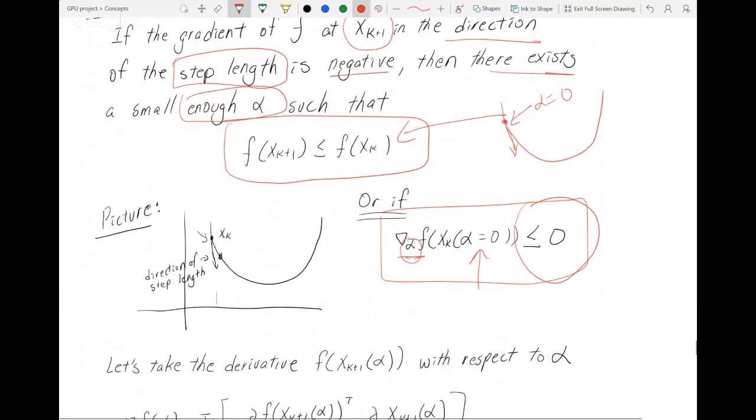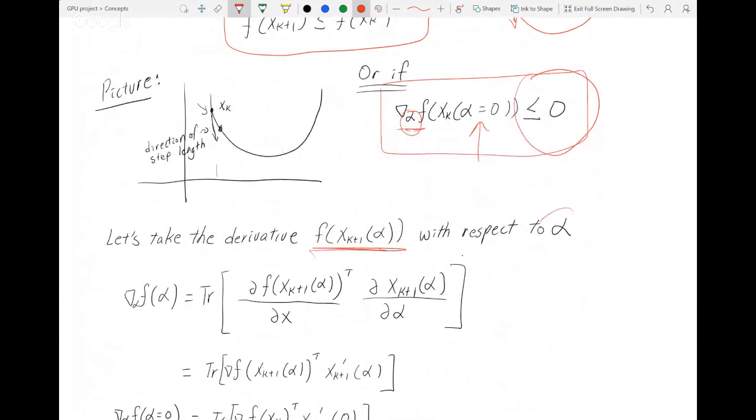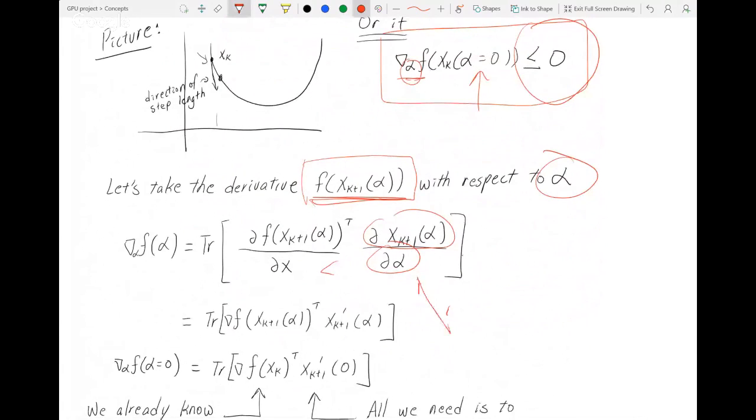So let's take the derivative of this with respect to alpha. We can use the chain rule. So the chain rule says that we want to take the gradient of this with respect to x, and then we take the derivative of x with respect to alpha. Now we know how to solve this. That was just g, the gradient, also known as this here. So all we really have to find is this here. Over here, I'm going to write this in a simpler form.